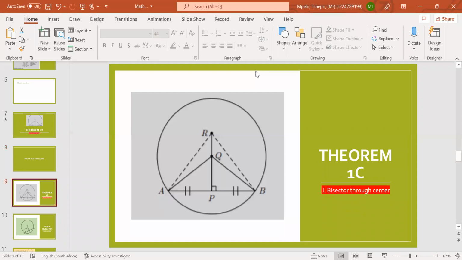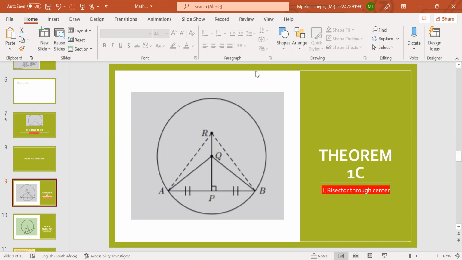Now, the theorem. Remember, the first theorem says the perpendicular line from the center bisects the chord. The second one said to us, if the line is from the center to the midpoint of the chord, therefore that line is perpendicular.